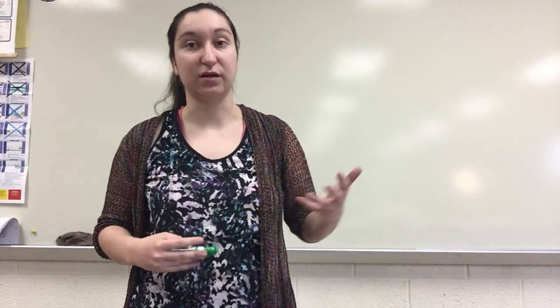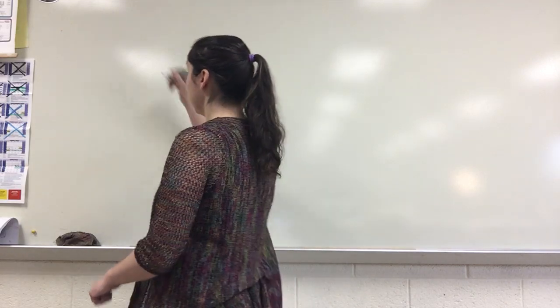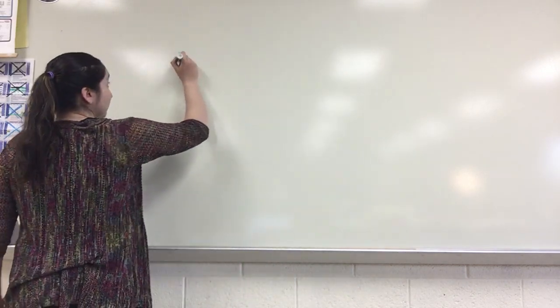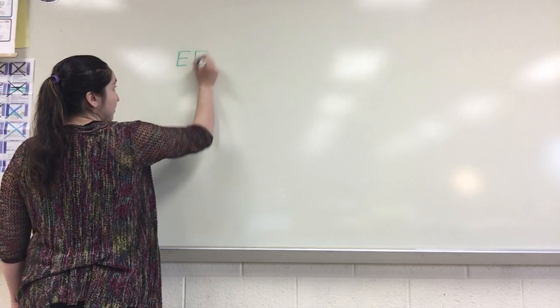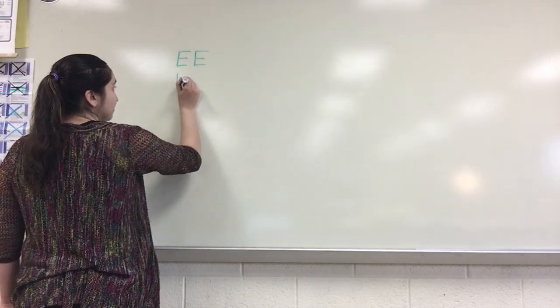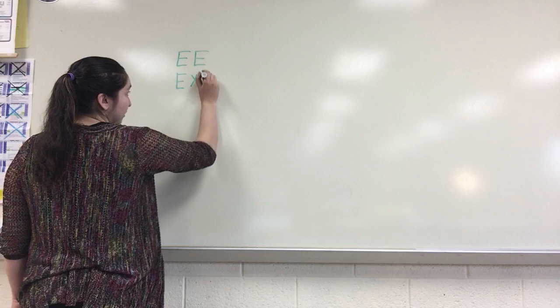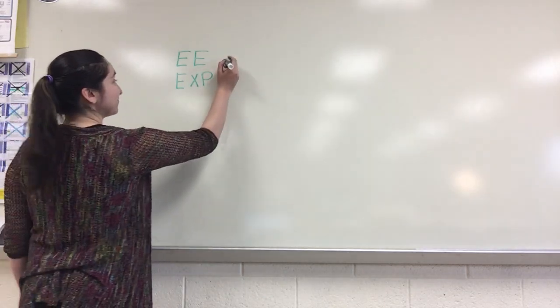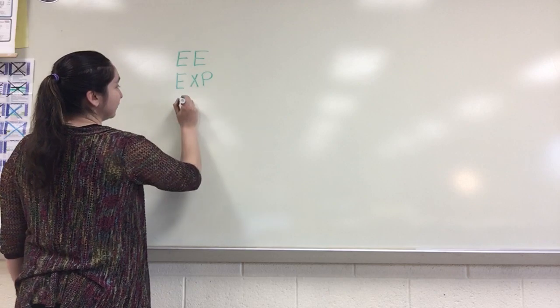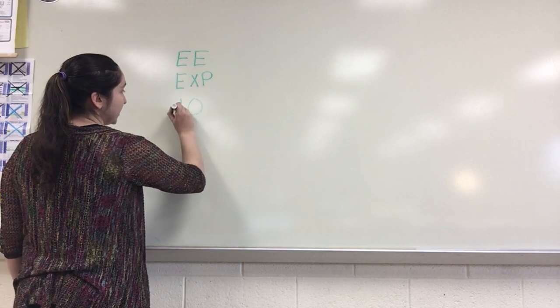Quick couple things. If you're using a calculator, you should be familiar with the E button. It may say E or maybe EE or maybe EXP. Please use this button. That takes the place of times 10.